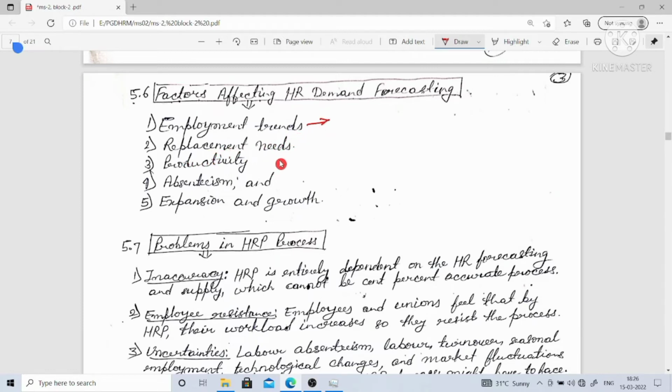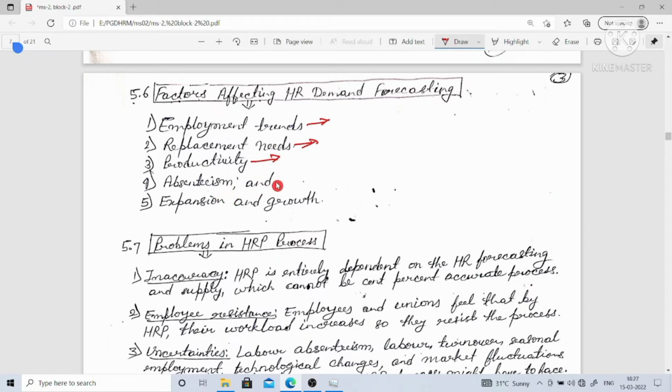Replacement needs, so how many employees should be replaced or how many should not, will decide the requirement of new employees. Productivity, so according to productivity, human resource requirement will also be affected, because if productivity is less, then more people will be required, and if productivity is more, then fewer people will be required for the same amount of work.